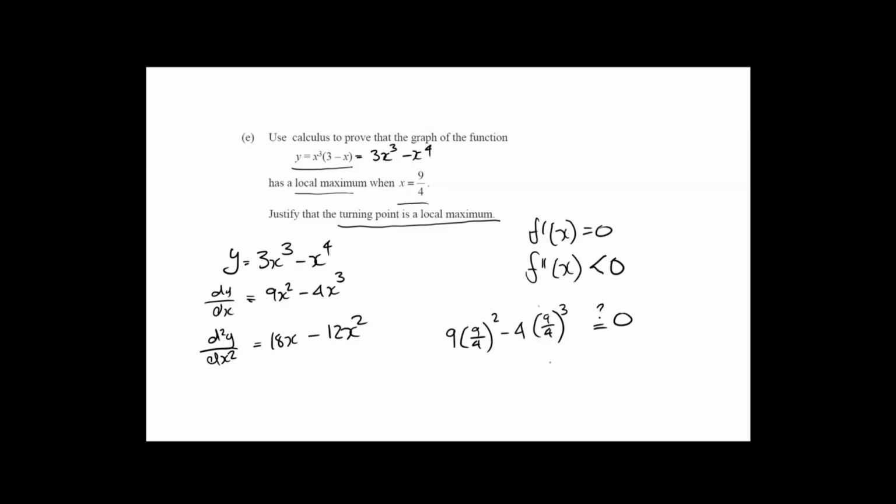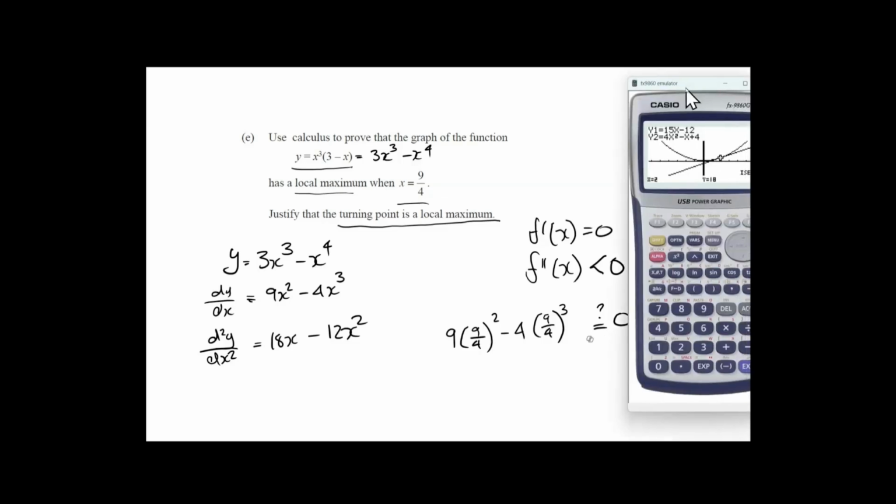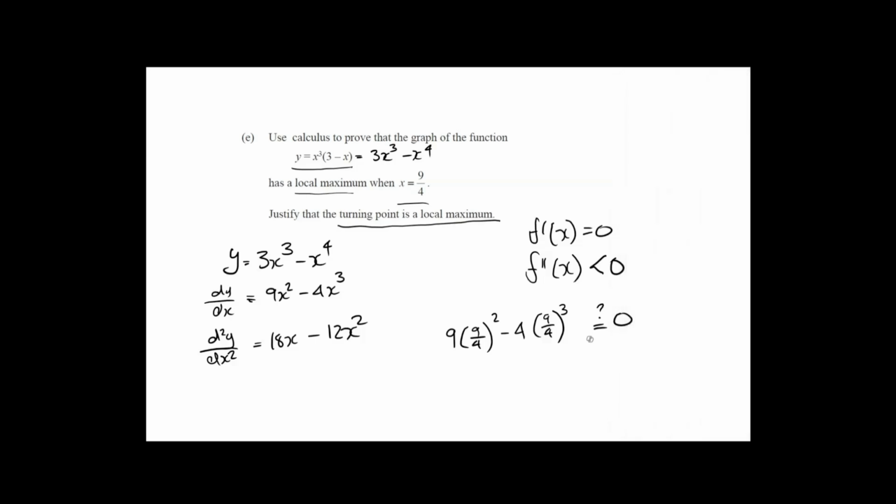Does that equal 0? Let's grab our calculators. It's late at night, so, 9/4 cubed equals 0. Yes, it does equal 0. So therefore we know that it's a turning point.